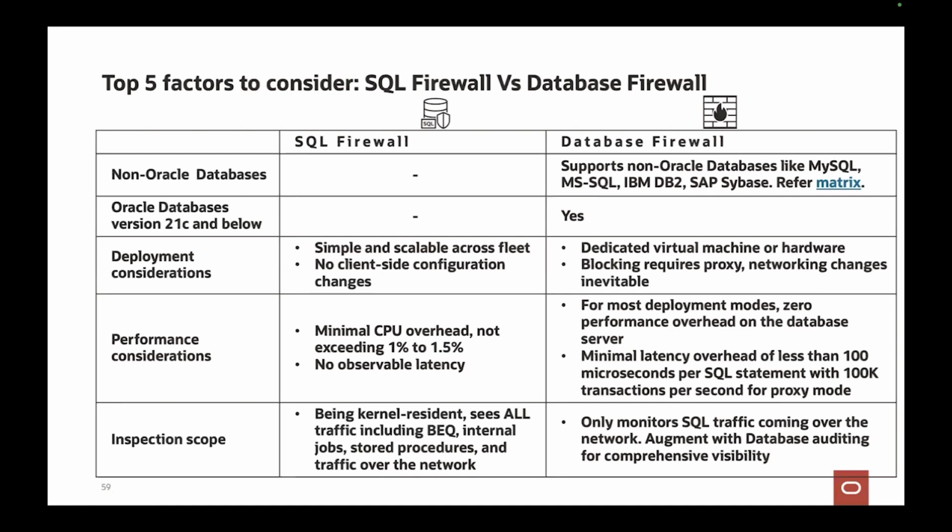For certain deployment models like host monitor, we do give a sizing advisory on how you should have that host monitor, and you would see a little bit of latency overhead, and this is dependent on the SQL traffic also. This is well documented in our guides.